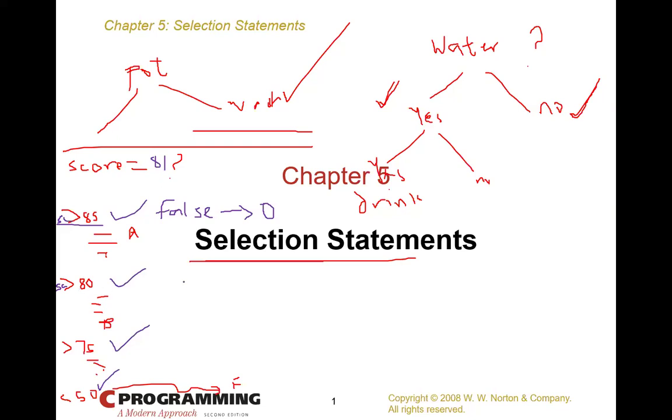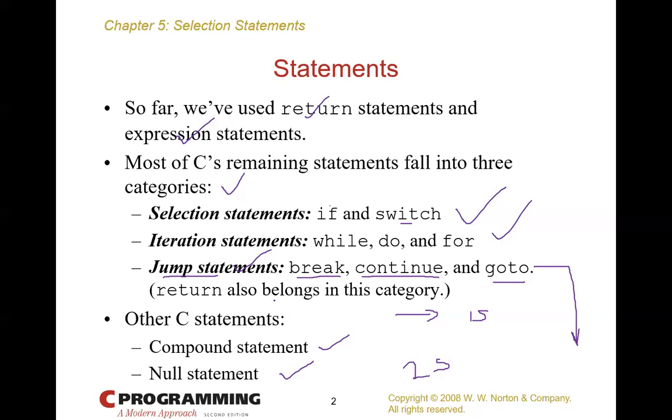Yes, it is greater than 80. So it says, yes, it is true. And again, like I told you, C doesn't have the Boolean type. It has 0 or 1 to represent true and not true. So true is 1. Any other thing is not true.